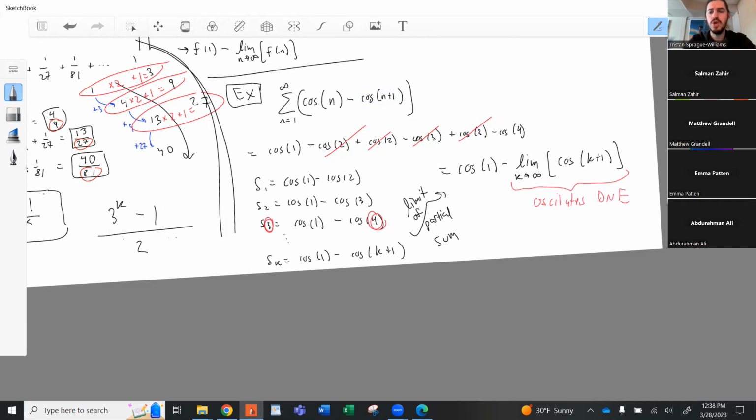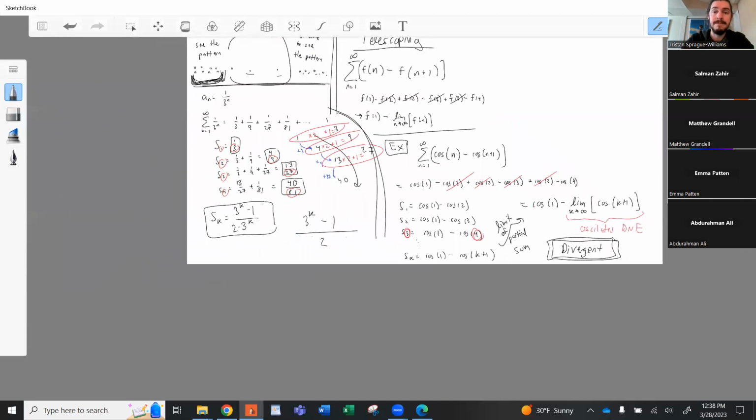So when you do cosine of 1 minus an oscillating thing, it's like you're subtracting a wave, in the pattern of a cosine wave. You're subtracting that from some finite value, it's still going to be a wave, shifted and flipped upside down. So this is divergent. That limit doesn't exist, so it's going to be a divergent series.